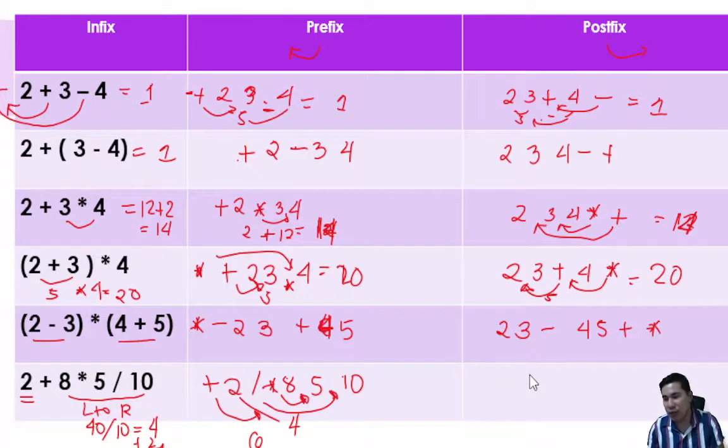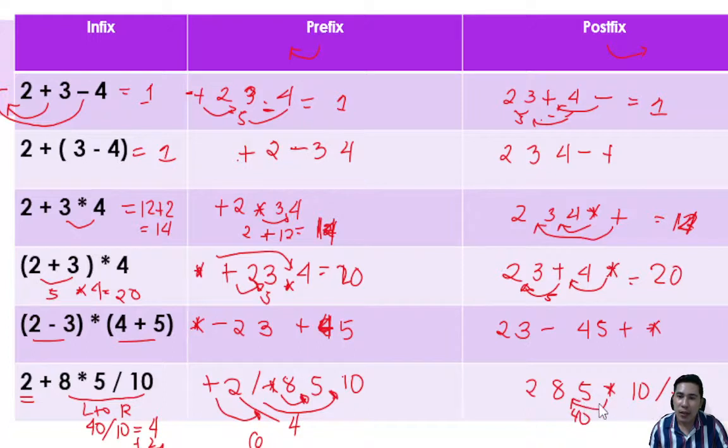So in postfix notation, you have here, first, 8 and 5. We do 8 and 5 first, but we can go straight. So we have 8 and 5 multiplication, and then followed by the 10 division, and then after that you will have here 2 then plus. So let's evaluate 8 times 5, which is 40.